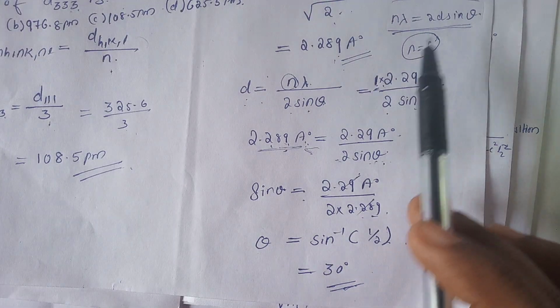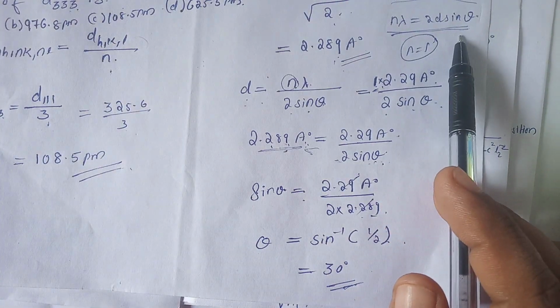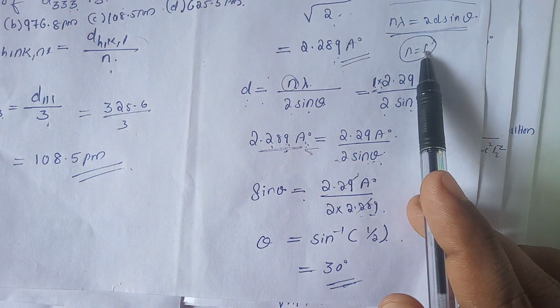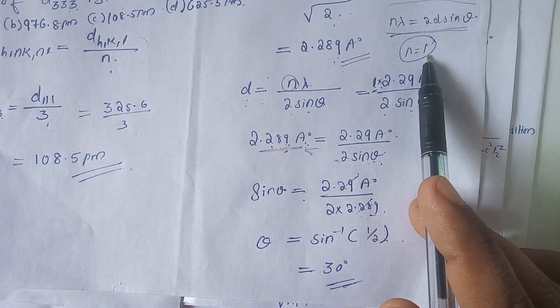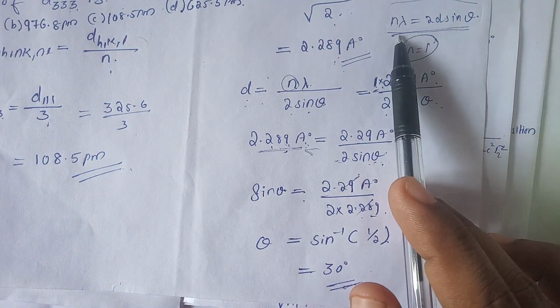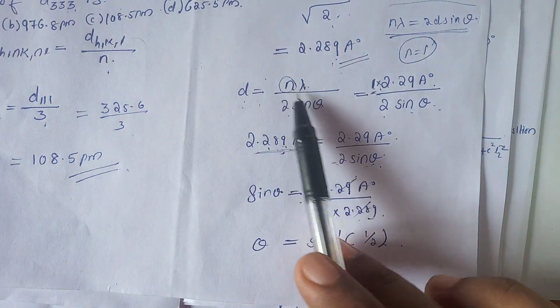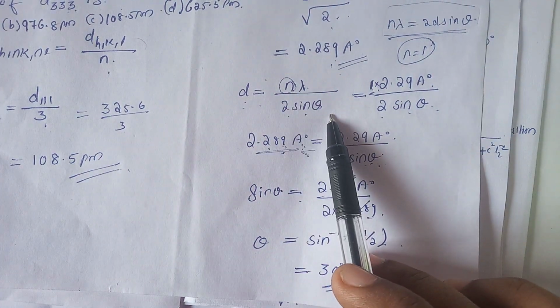Our equation to find theta is n lambda is equal to 2d sin theta. n is given, first order reflection, so n is equal to 1. Lambda is also given. And from here d equal to n lambda by 2 sin theta.